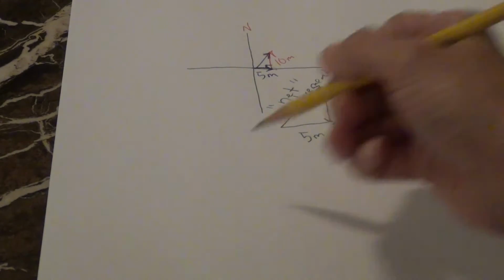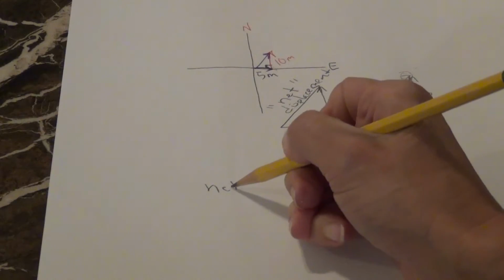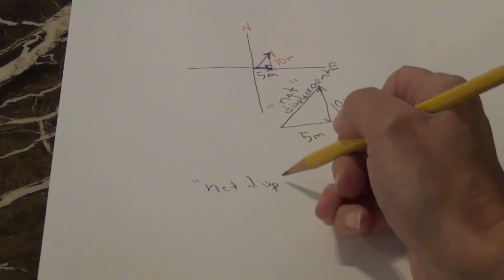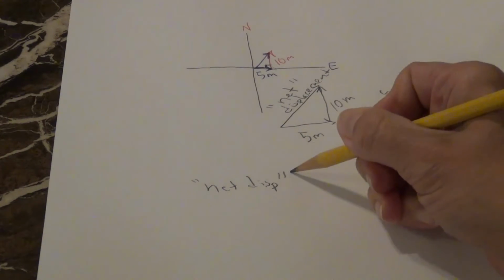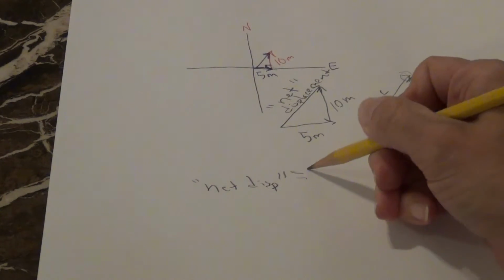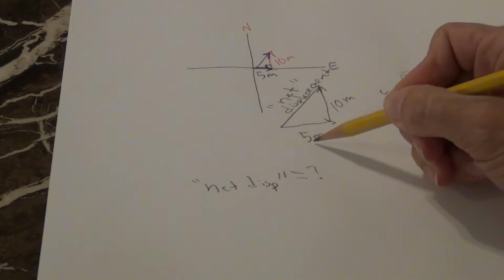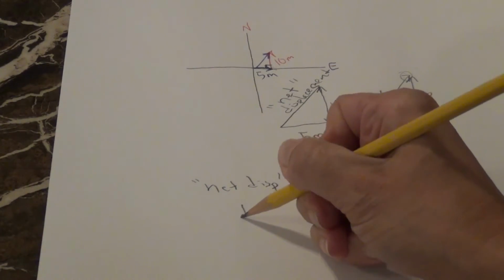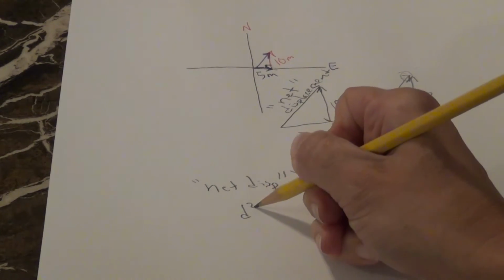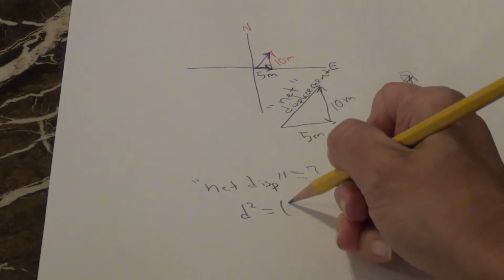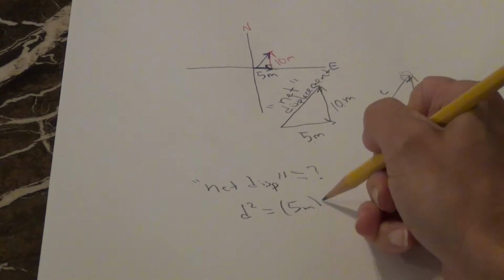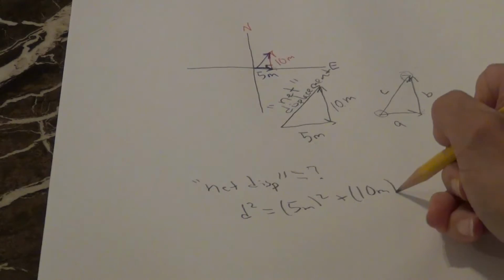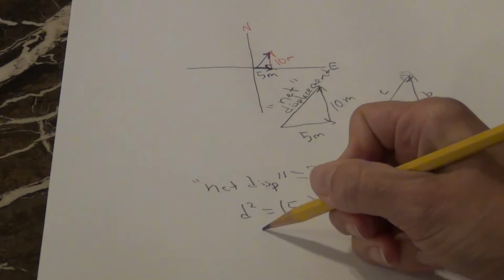Okay, so let's say we needed to find our net displacement. I'm going to abbreviate net displacement. Well, how would I do that? I'm going to go a squared plus b squared equals c squared. So let's call displacement d. Displacement squared equals 5 meters squared plus 10 meters squared.